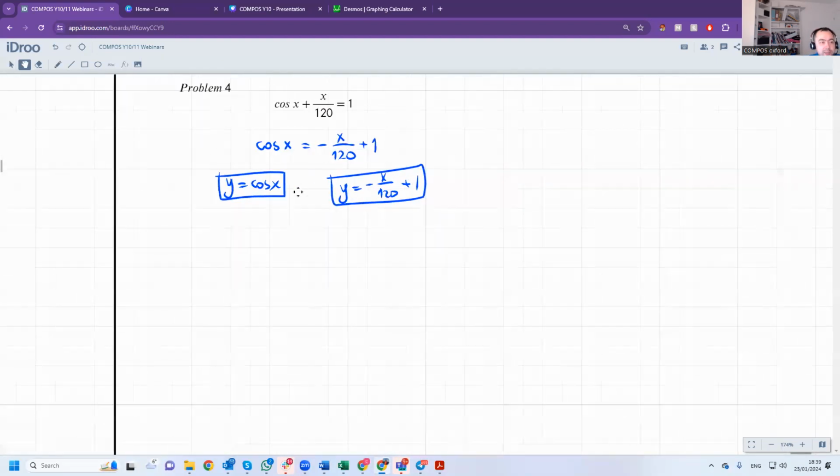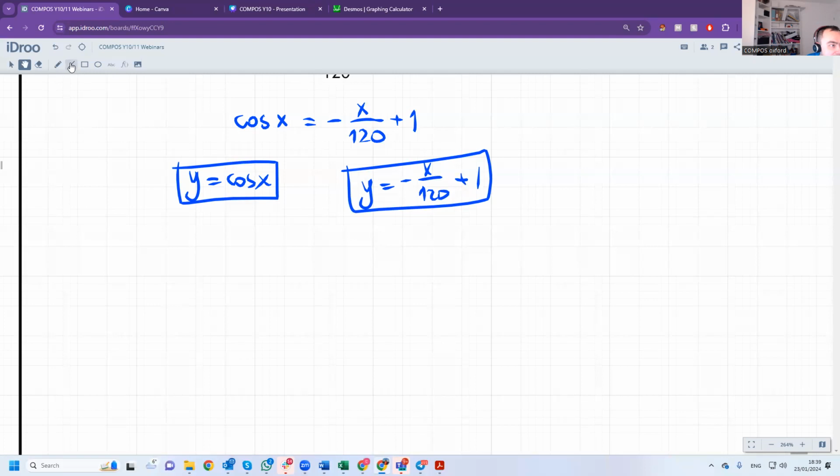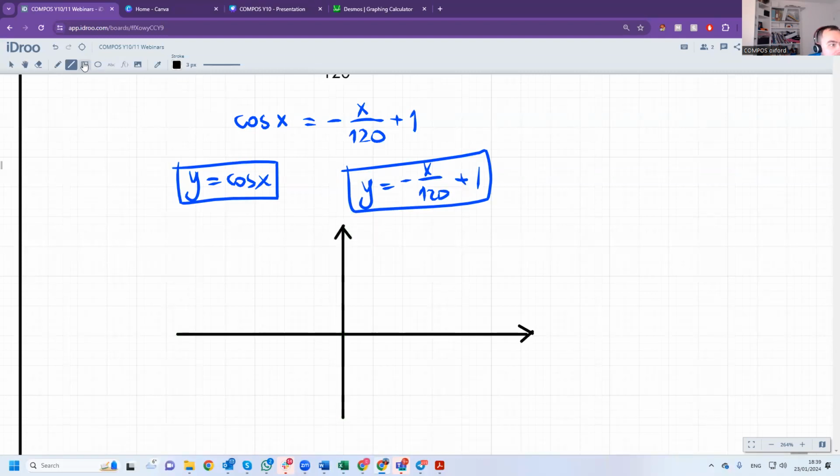And I know that this graph is like this.